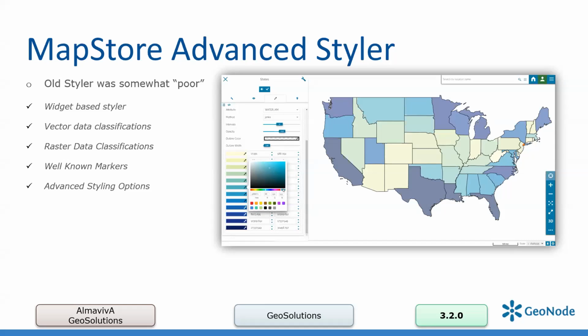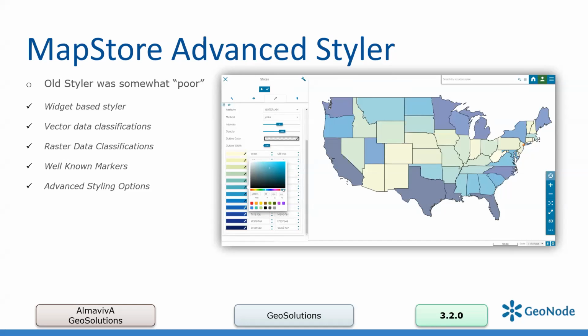So the CSS language is not something standard, but we decided to support it because it's very, very powerful. With very few lines of code, you are able to create very beautiful and complex styles for your data.